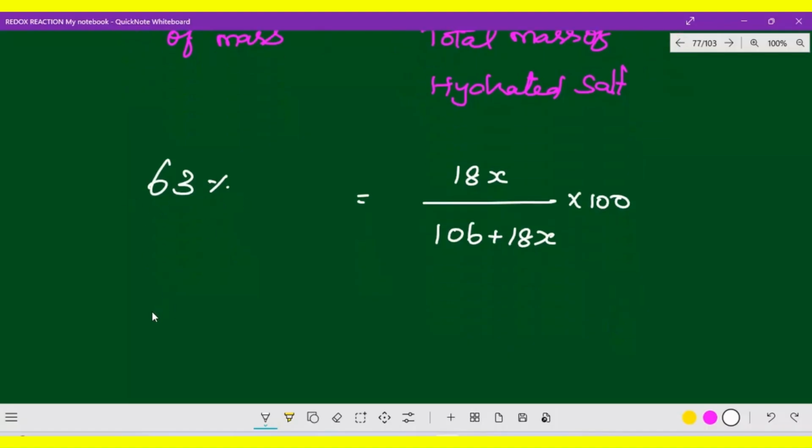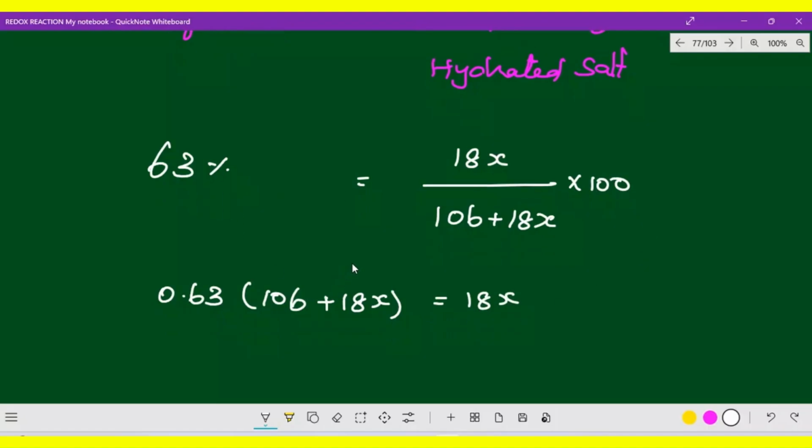So can we bring it as 0.63? So 0.63 into 1, cross multiplication, 106 plus 18x equals 18x.